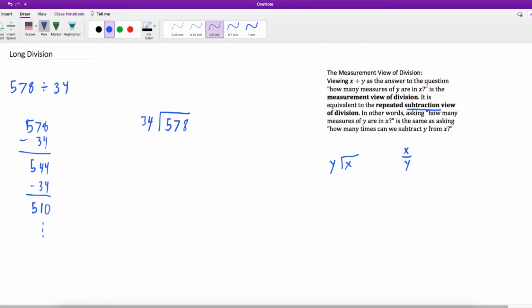How many times does 34 go into 57? And then you'd say, in this case, 1 time, and so on. But I want to do this more accurately using the measurement view, and noting that we're not talking about 5 or 57, we're talking about 500 or 57 tens, or 570.